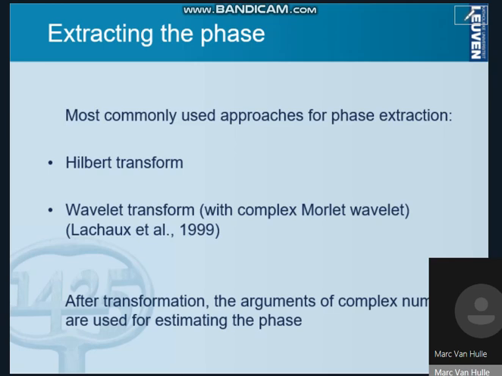The second is a wavelet transform, the so-called complex wavelet, which is actually looking at the sine and cosine at the same time, and this way you can also extract the phase from your signal by taking the ratio. So whatever method you are applying here, you can extract the phase.